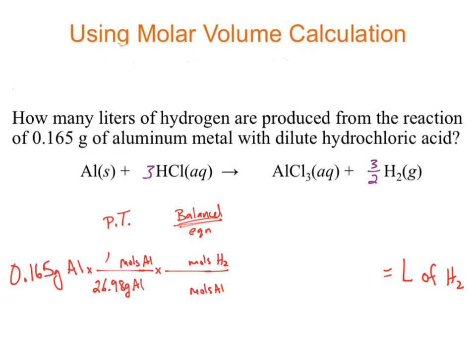Okay? To maintain the ratio of balancing, what I can go through and do is multiply the whole equation by 2. So that when I multiply 3/2 by 2, it becomes 3. So let's check that. 2 times 1, 2. 3 times 2.